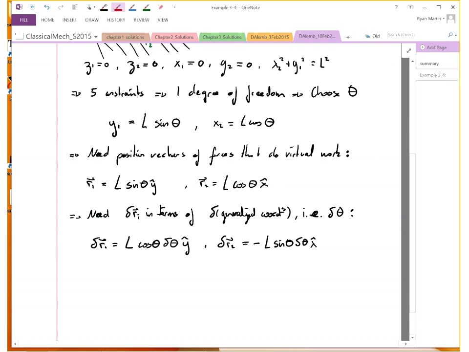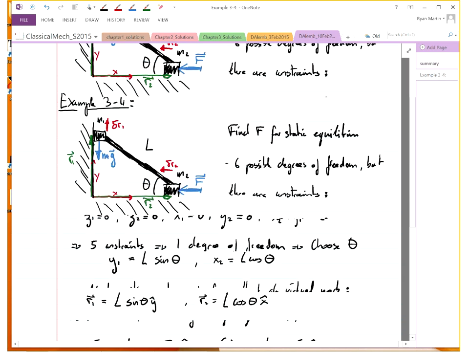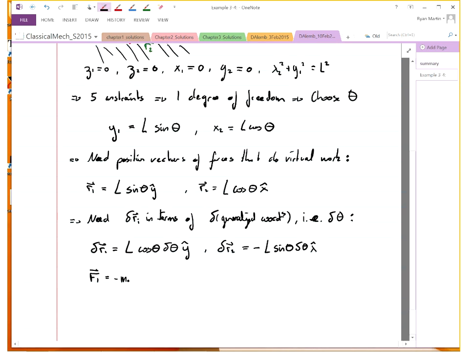Let's just be complete and write out our forces. So let me say F1, the force on mass 1. So that's the gravity, and that's pointing in the minus y hat direction. Right? So our F1 vector would be minus m1g y hat, and our F2 vector would be minus F x hat.